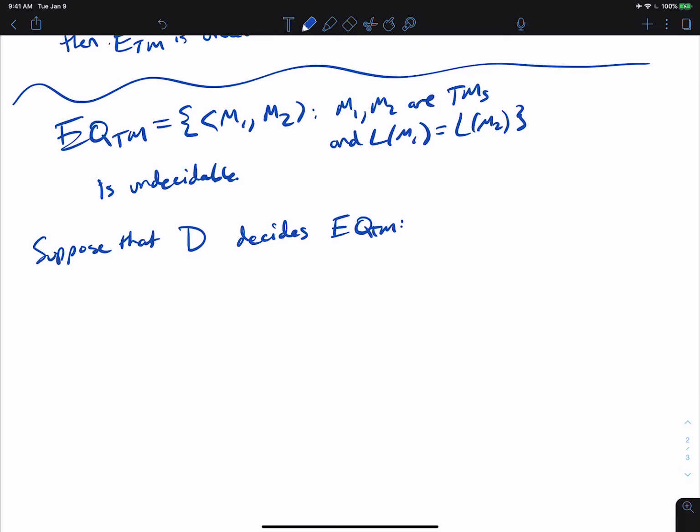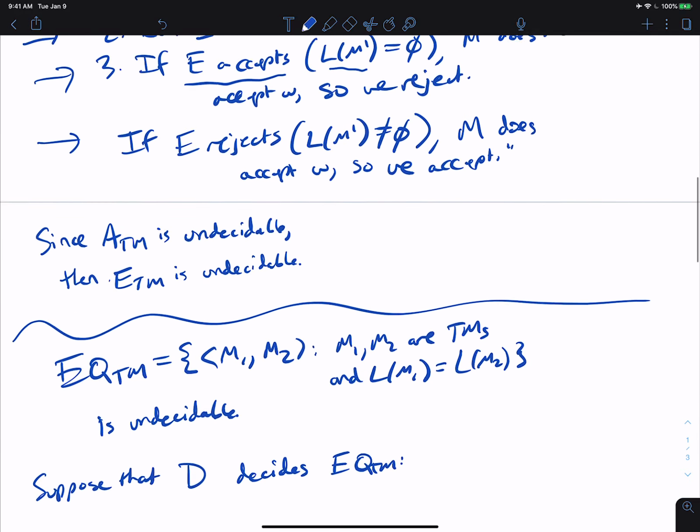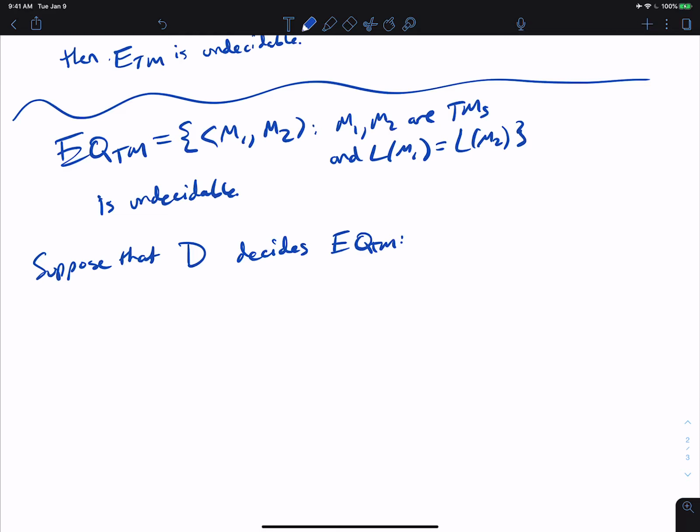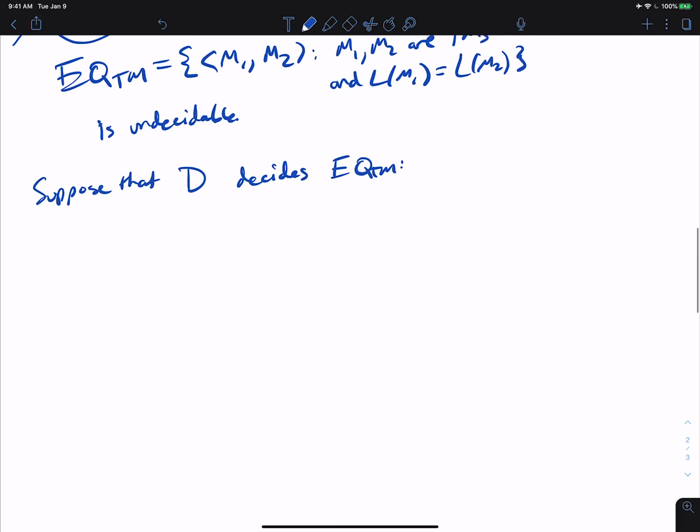I can't say whether EQTM is undecidable because I haven't proven it yet. But we have proven that ETM is undecidable, so we can try to decide it based on a supposed decider for EQTM. So let's try to decide ETM.